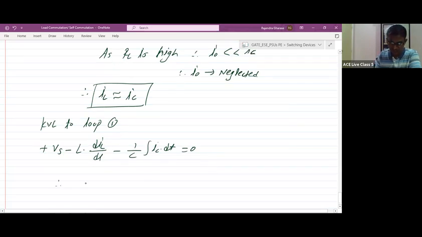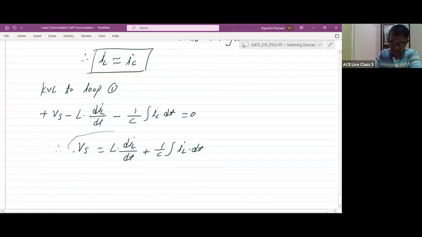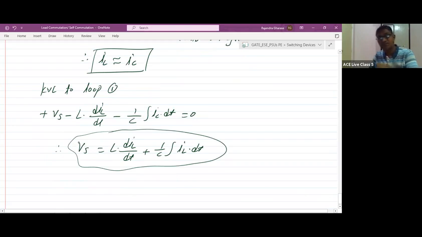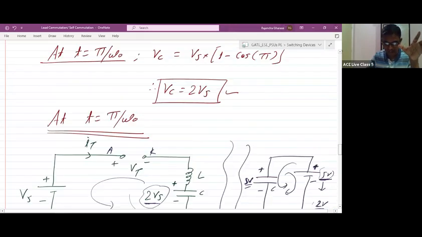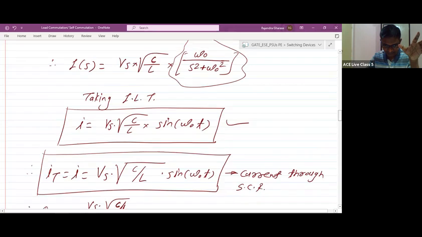Therefore we can write Vs is equal to L into dIL by dt plus 1 by C integration of IL into dt. You can check this expression, and the expression we wrote in that case, for low value of RL after neglecting the voltage across the load, is the same. Instead of IL there, we have written I. You can check here.